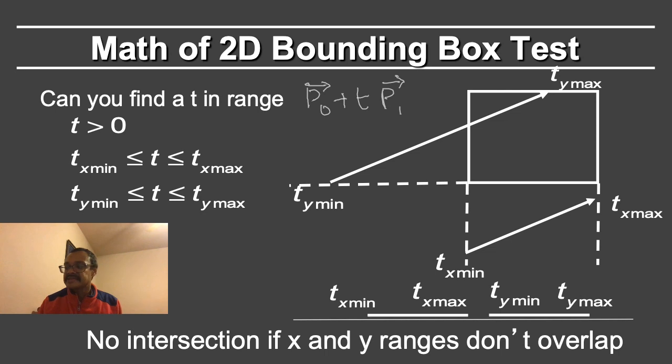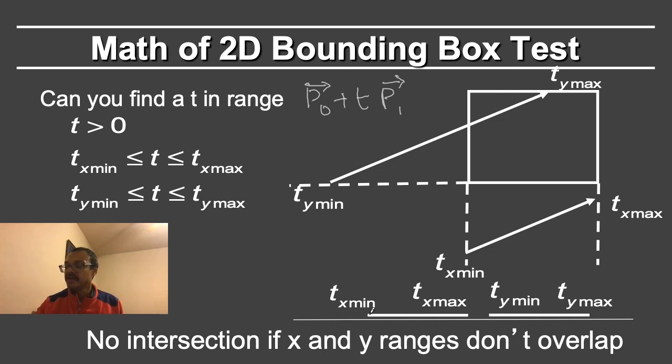In effect, the value of t must lie between tx min and tx max. It must also lie between ty min and ty max. That means those ranges must intersect for the value of t to actually be valid and intersect with the bounding boxes. There is no intersection if the x and the y ranges do not intersect.